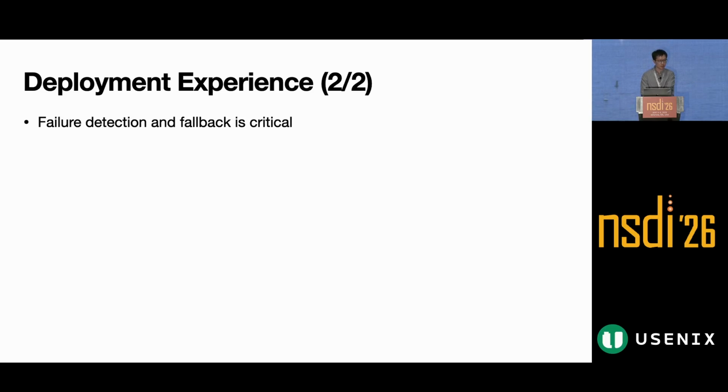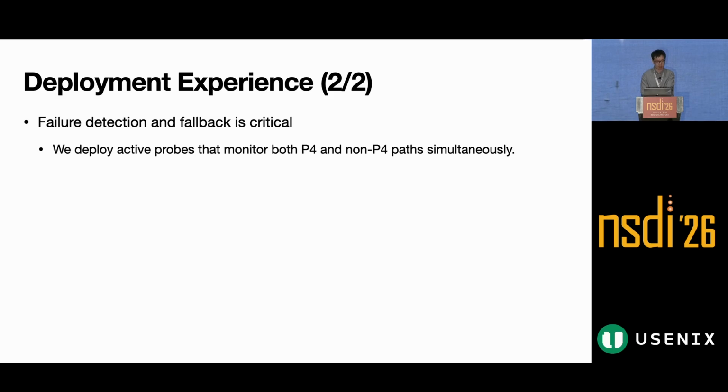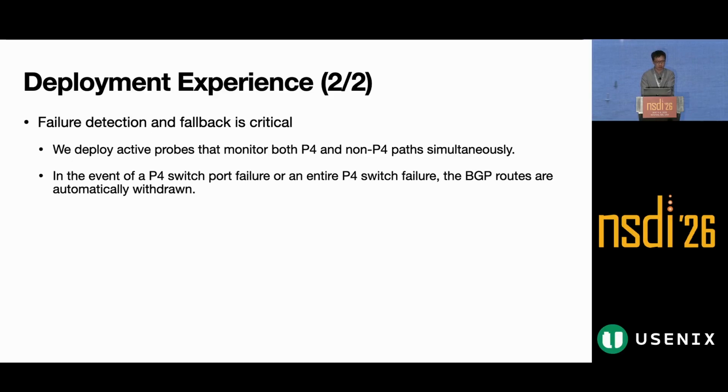Third, failure detection and fallback is critical. Since P4 plays an important role in Net-P4ct, we deploy active probes that monitor both P4 and non-P4 paths simultaneously. This allows us to quickly identify the source of failure. In the event of a P4 switch port failure or an entire P4 switch failure, the BGP routes are automatically withdrawn, so it can be seamlessly redirected to the other ports or device in the cluster.